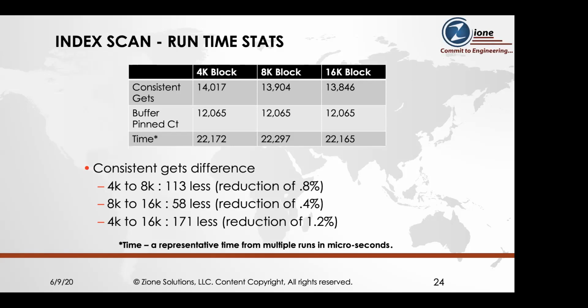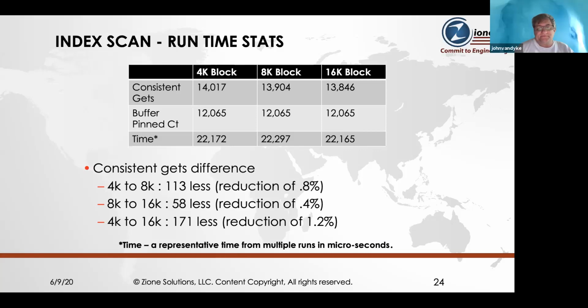I stuck to my guns and stuck with 8K, but they kept saying, well, you have Pure now. So what? It is faster, and it is pulling more data faster, but that doesn't change some of the statistics that you're pulling back here. It's just that it's coming back faster.